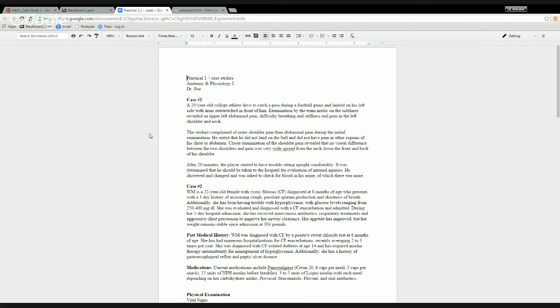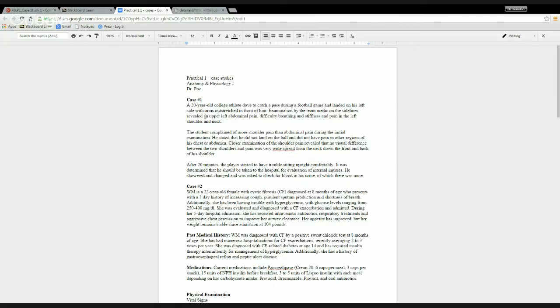And then the other 2 cases, numbers 3 and 4, are about broken bones, which is after we finish tissues, we're going to go on to, well, the skin, which is kind of a minor part of this class, and then the skeleton. So those cases kind of address that.